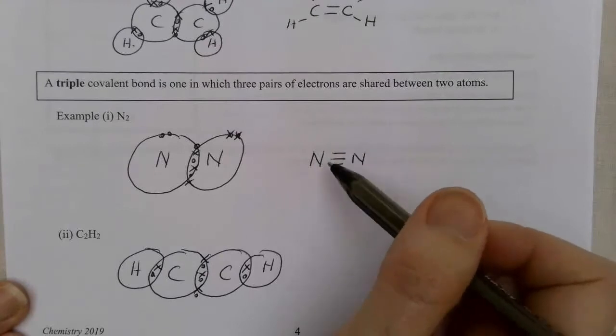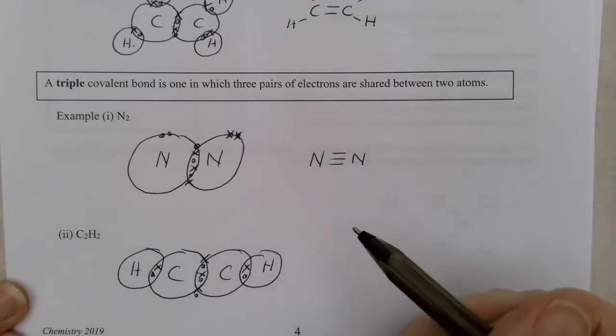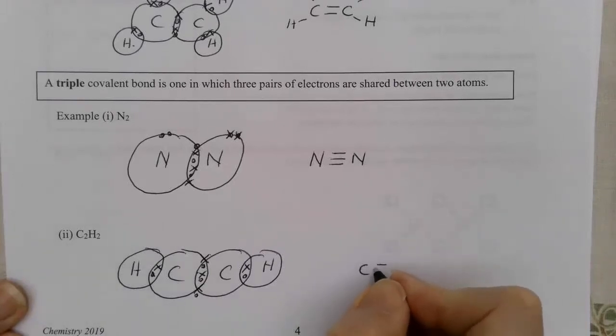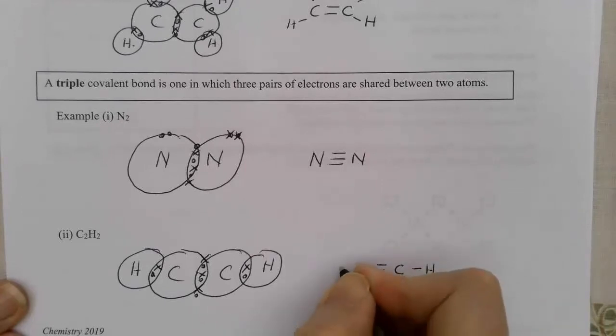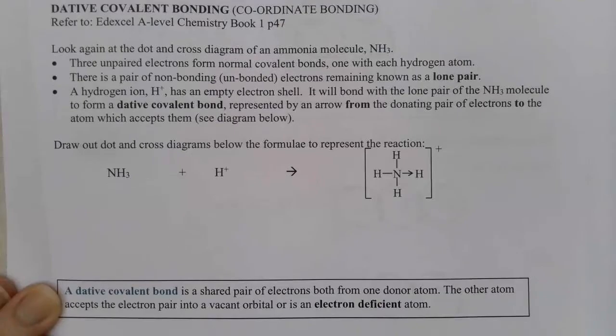This triple bond of nitrogen makes it particularly strong. It's one of the reasons why nitrogen gas is so unreactive. And our last example here, C2H2, we have the carbon with a triple bond between it and another carbon, and then 2 hydrogens.